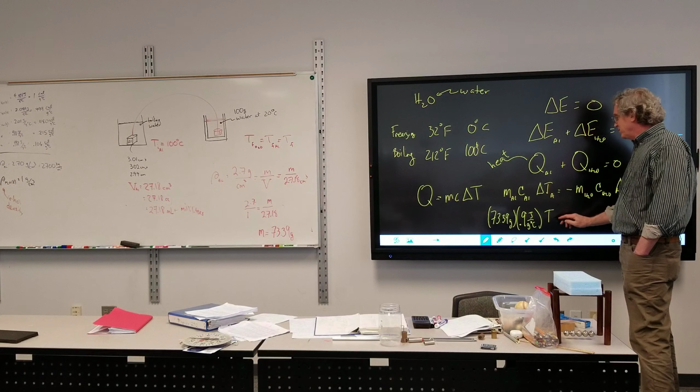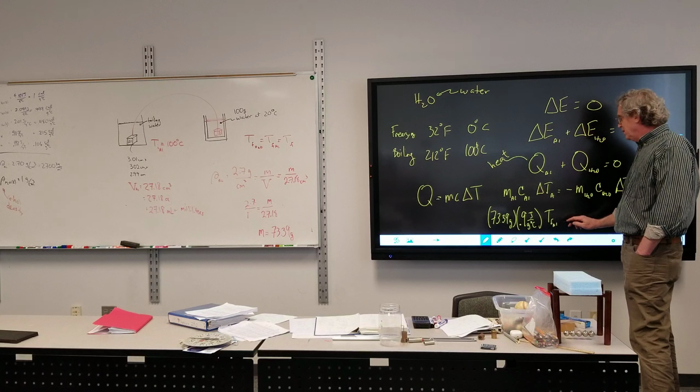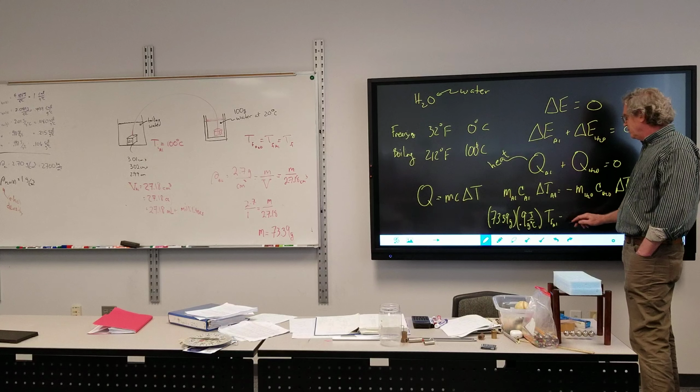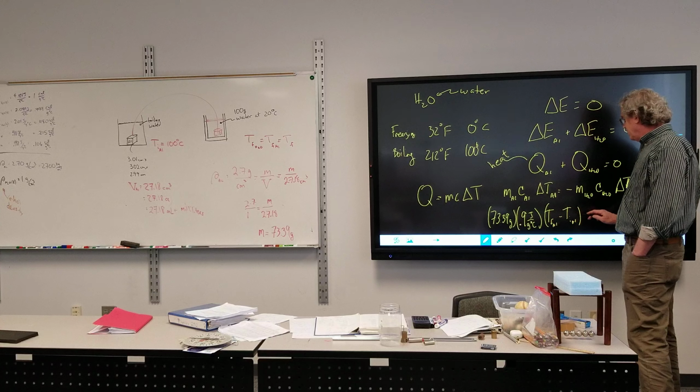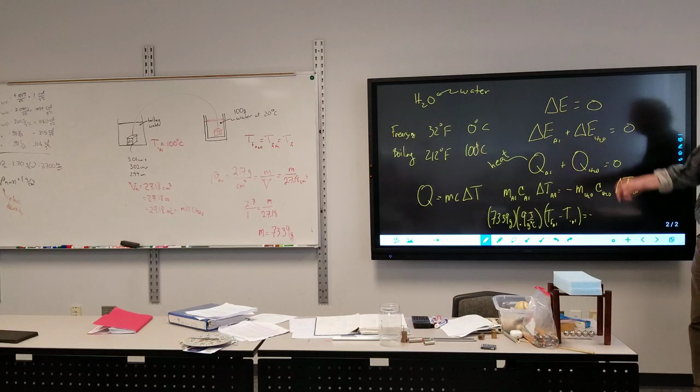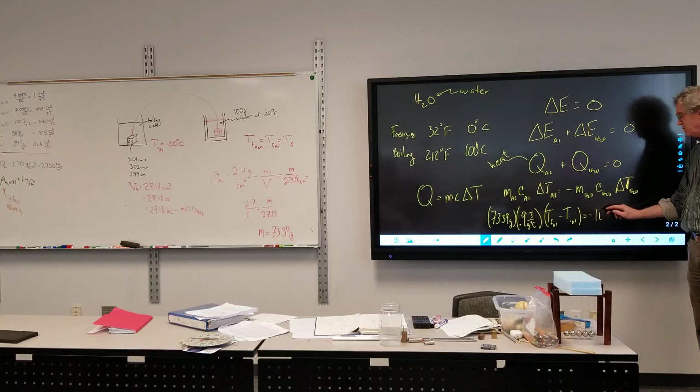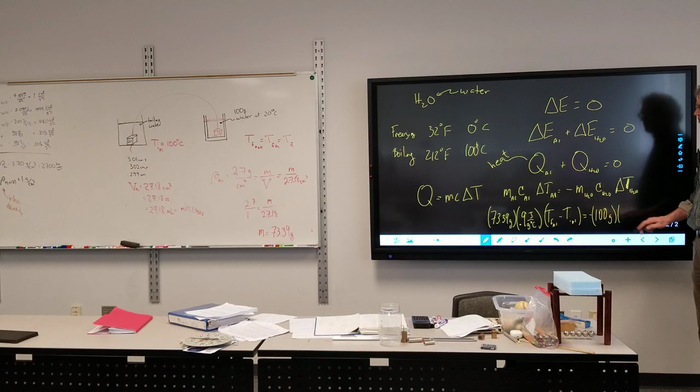Okay. So it's the final temperature of the aluminum minus the initial temperature of the aluminum equals negative mass of the water, and I told you it's 100 grams. Specific heat of water, 1. Oh wait, no, we're doing joules, so not 1. 4.148 joules per gram degrees Celsius.